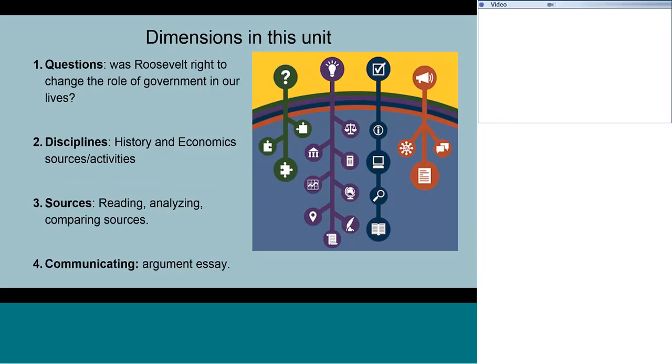The sources that we used, we not only read, but we analyzed and compared sources. Then we also evaluated which sources were stronger. And finally, the communication for this unit was to be writing an argument essay. So in this way, I was using Common Core literacies within the C3. And next slide, please.